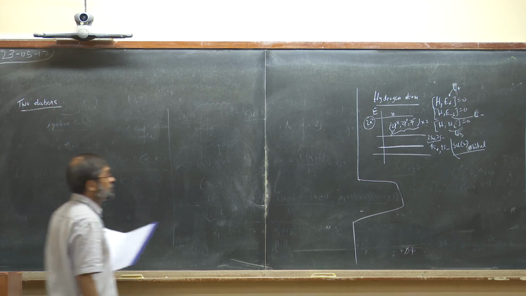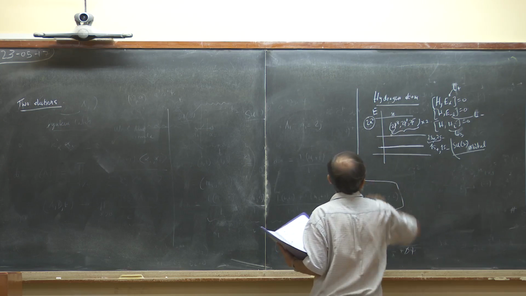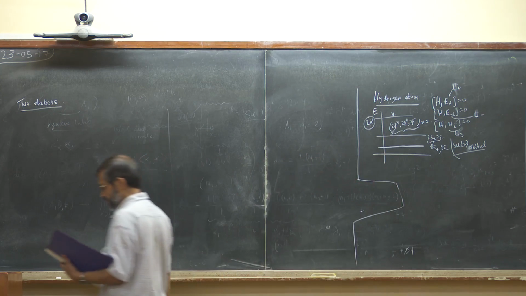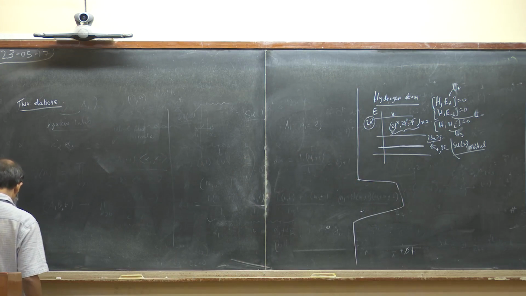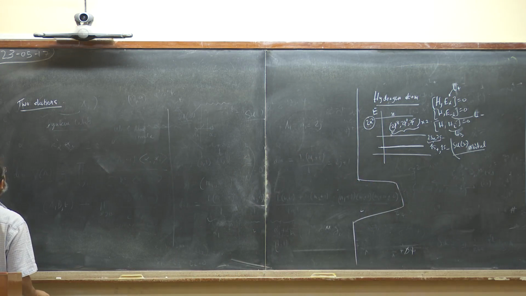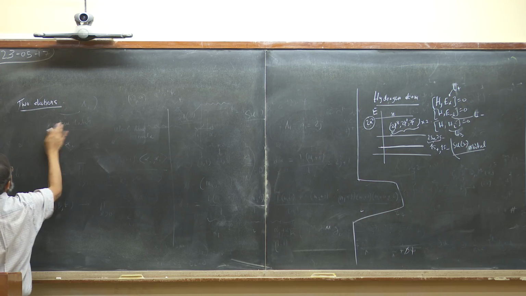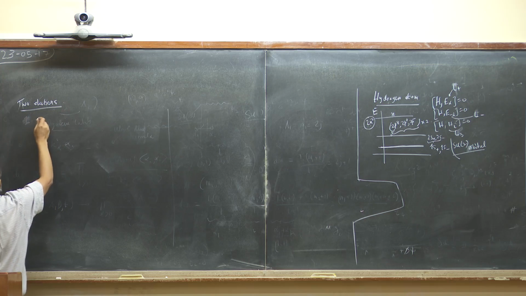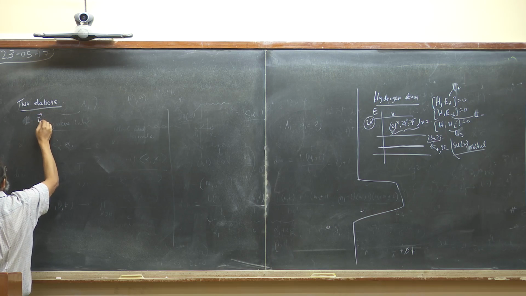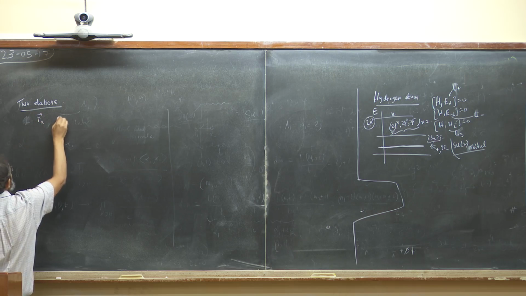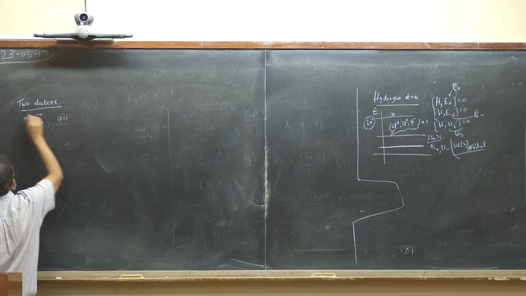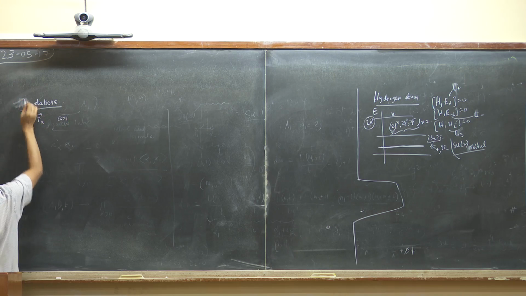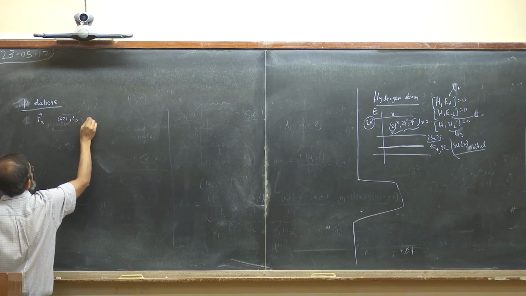That story was for just the hydrogen atom, a single electron. So now let me say that the electrons are given by position coordinates R_A, where A runs over 1, 2, up to P, so in general there are P electrons.